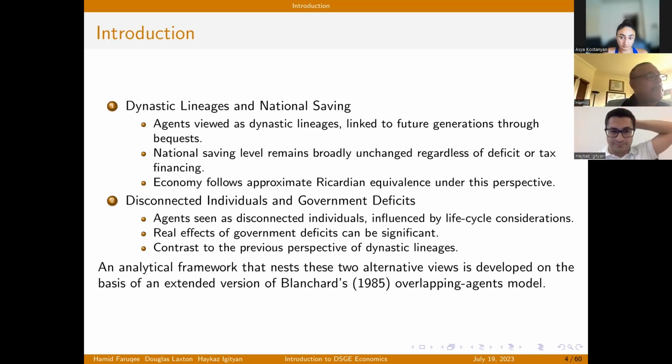There was a paper by Robert Barro in the early 70s where he reignited interest in the old Ricardian equivalence view. The idea behind Barro was that if you care about your children and future generations in your family line as much as you do about yourself, then changes in public debt, the shift between tax financing and debt financing, don't really matter all that much.